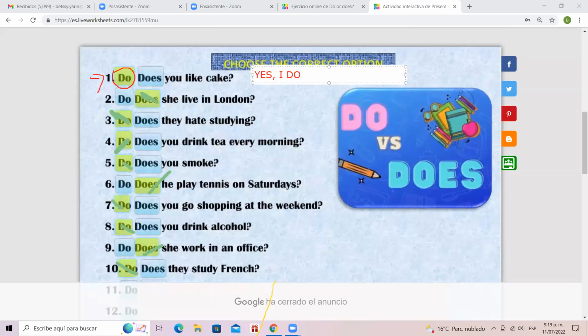Okay, and the other one, in order to say negative form, is this. No, I don't. Yes, okay. Why do I put this? Because the question is with do, okay? So I have to answer with do again. And this is affirmative form, and this is negative form, okay?